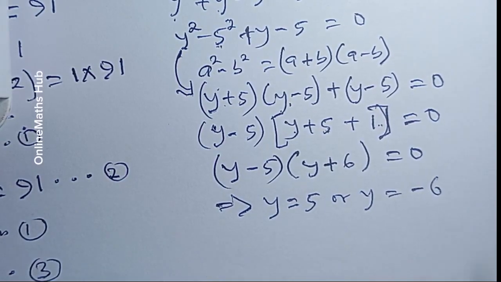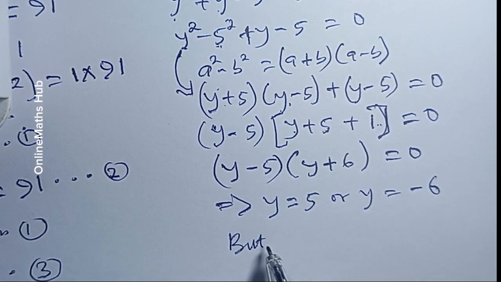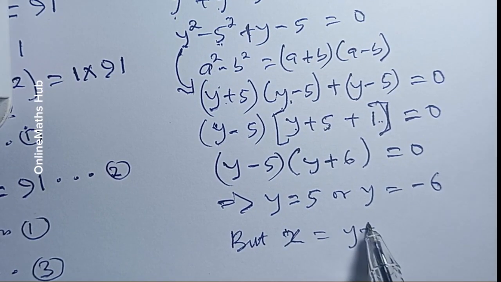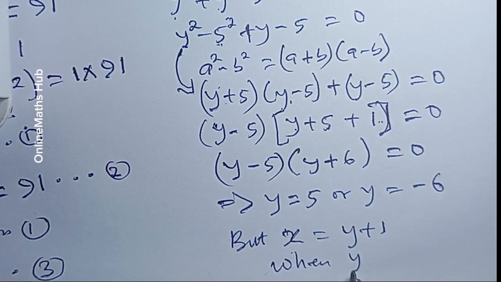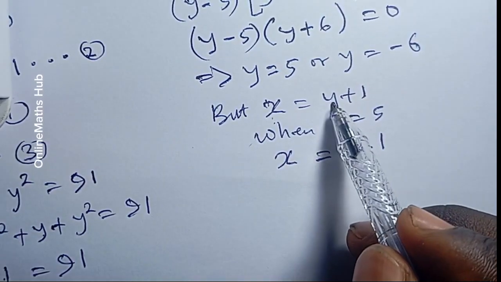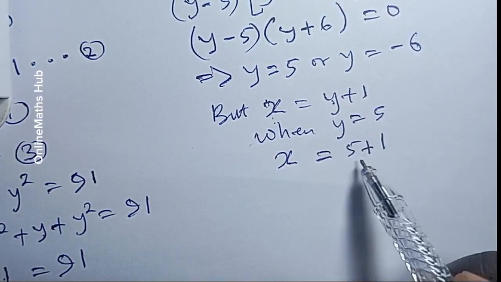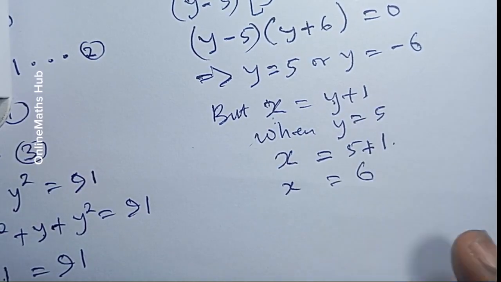So this is what we have. We've gotten the values of y, but then of course from equation 3, x is equal to y plus 1. So from here we can actually get what x is. When y is equal to 5, our x is going to be equal to 5 plus 1. We just put the value of y right here, which is 5, plus 1, and this is equal to 6.